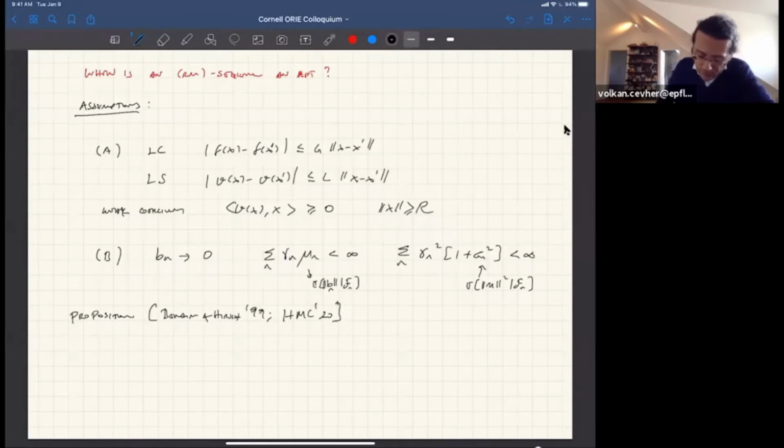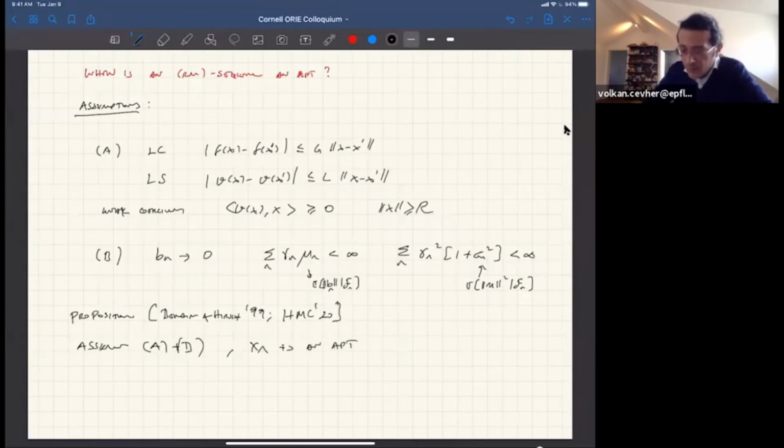So assume A plus B, then Xn is an APT of the mean dynamics with probability 1.